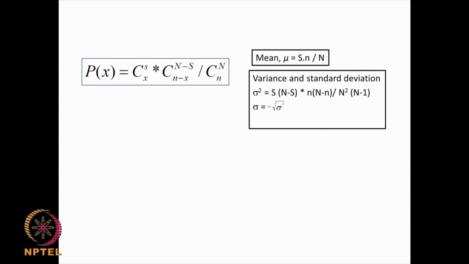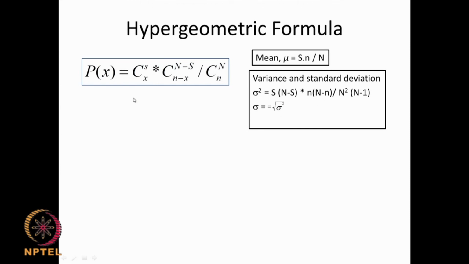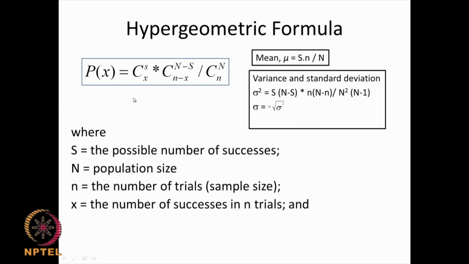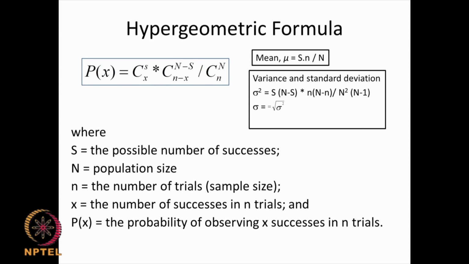Okay. So it is given by this relationship: the probability is C(S, x) times C(N minus S, n minus x) divided by C(N, n), where capital N is your population size, small n is your sample size, S is the event supposed to have happened, and x is the number of successes in n trials.